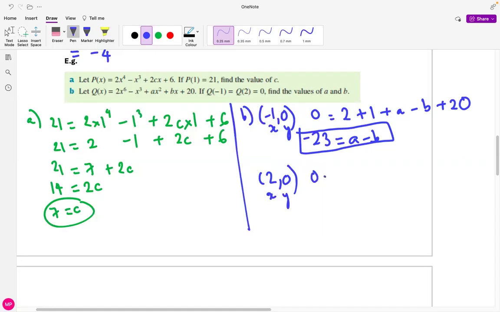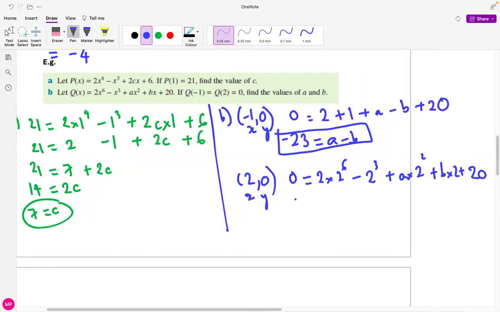So we have 0 equal 2 times 2 to the power of 6, 2 to the power of 6 is 64, minus 2 cubed plus a times 2 squared plus b times 2 plus 20.